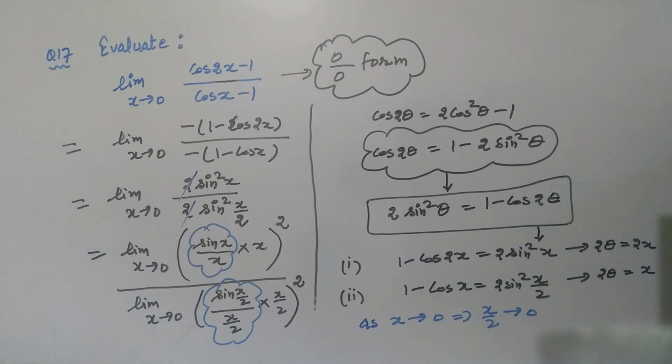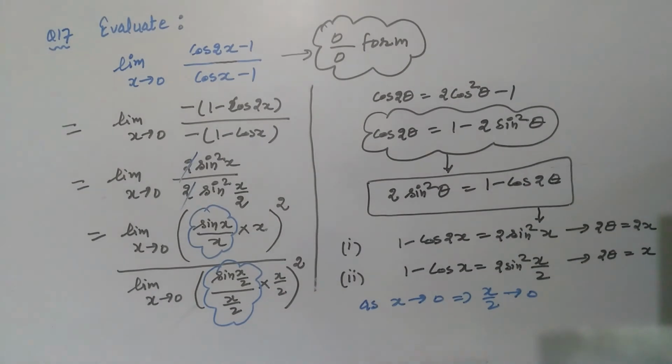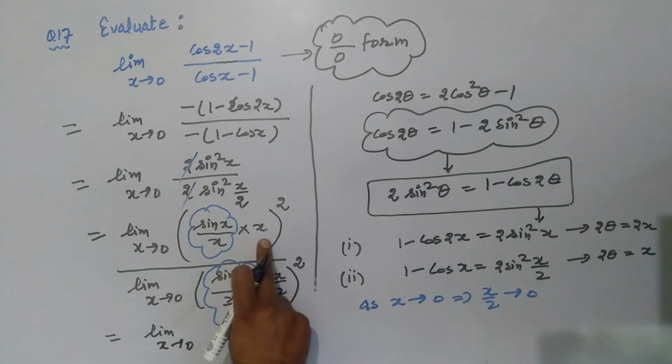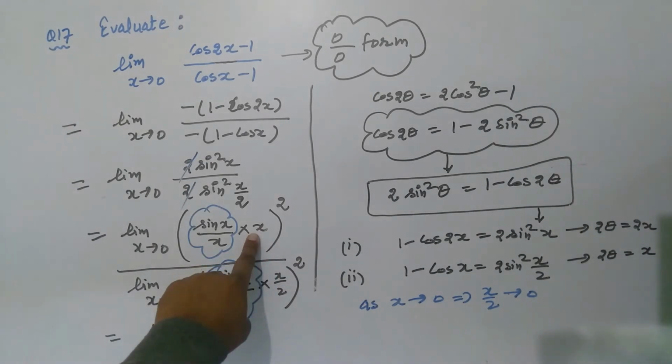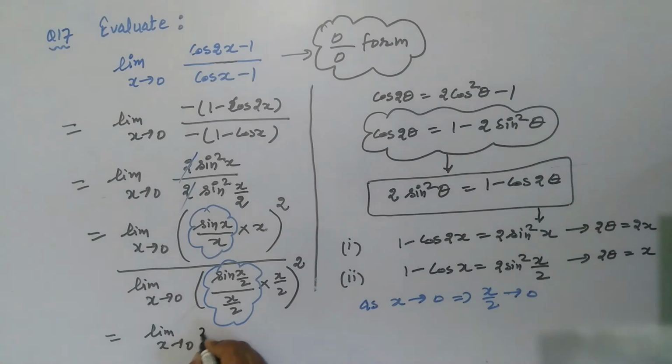So proceeding further, limit x approaches 0. In the numerator we are left with only x, its whole square is x square, and in the denominator we are left with x upon 2, its whole square, which becomes x square upon 4.